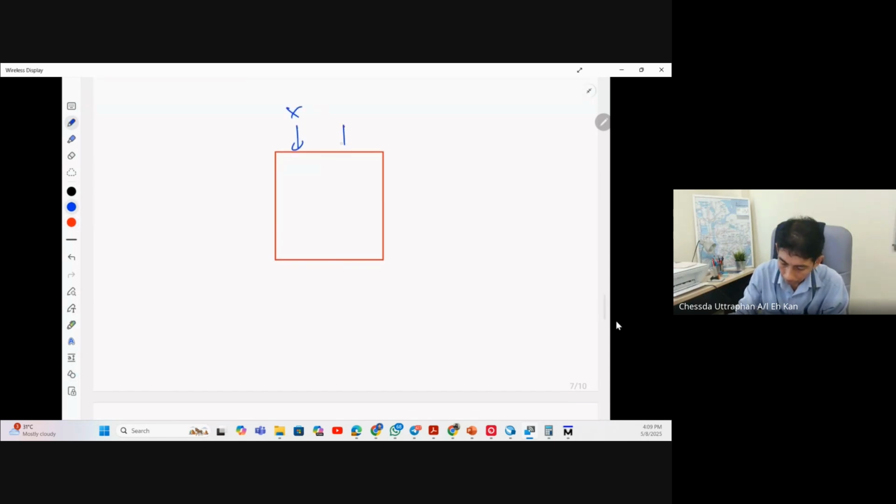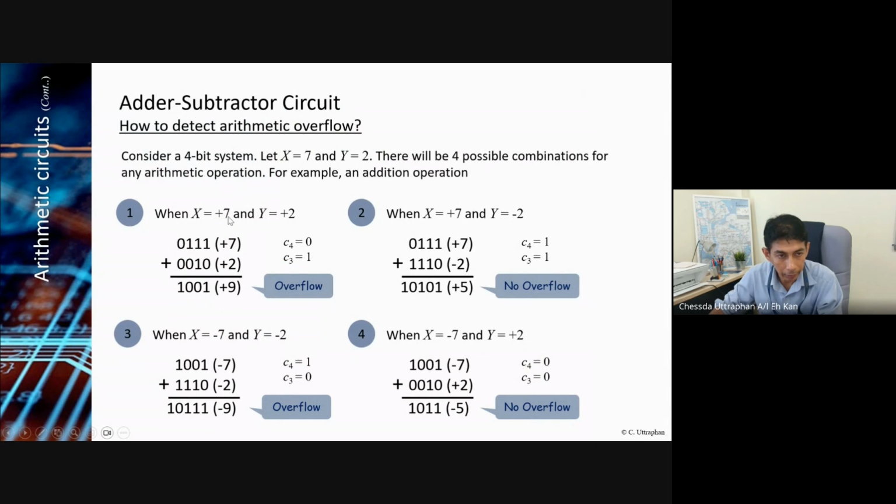We have x, we have y, and we look at the result. This is an adder, of course. If x equals 7 and y equals 2, and we add 7 plus 2, we get the result 9. This is overflow, right? Because for a 4-bit system, the maximum number is 7, so 9 is overflow.